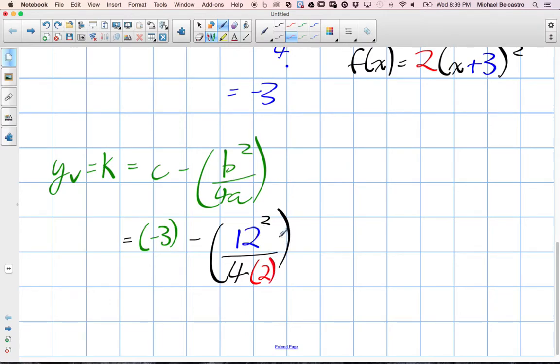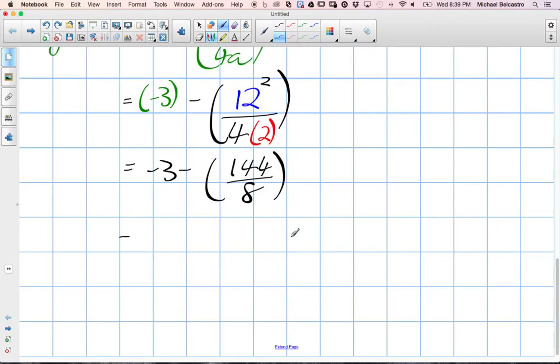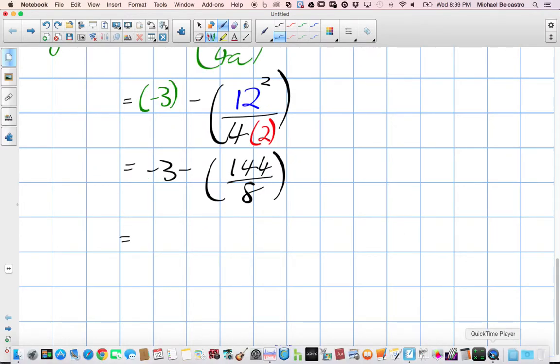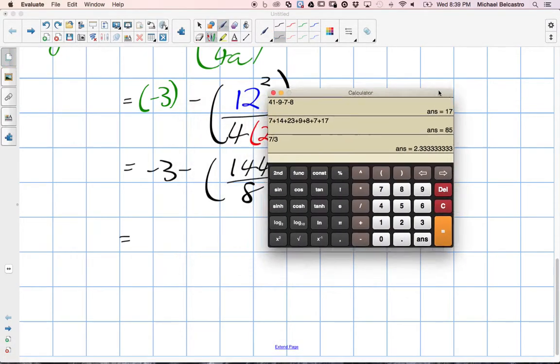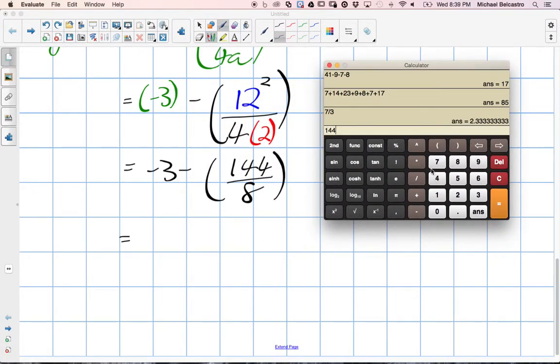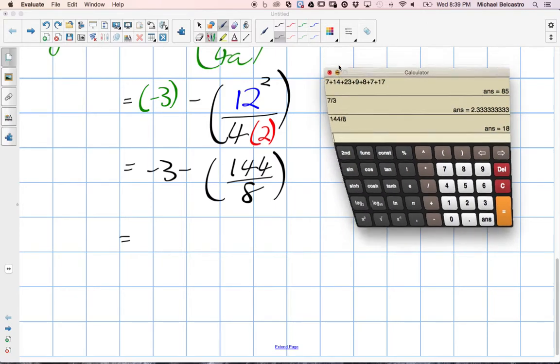I try to color code it like the way we've written it before, and I will do the rest in black here. So this is negative 3 minus 12 squared, which is 144, divided by 4 times 2, which is 8. We might want to use a calculator for this step. 144 divided by 8 is 18.